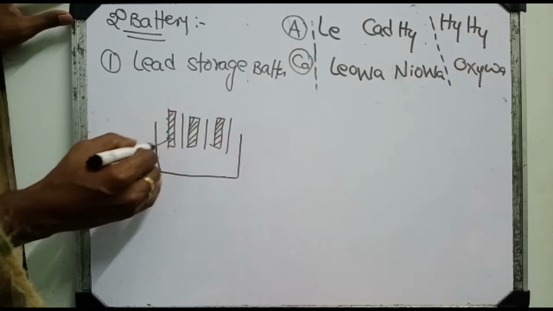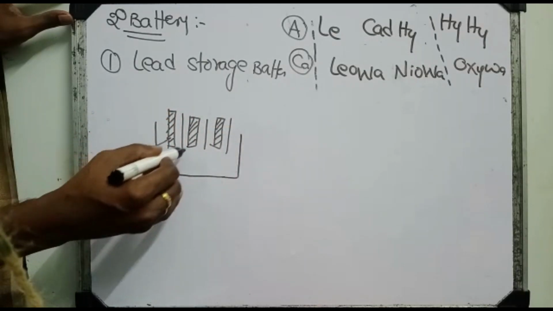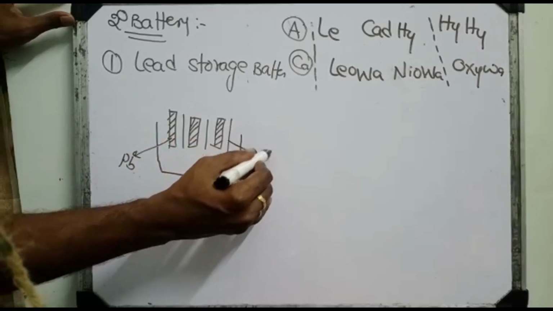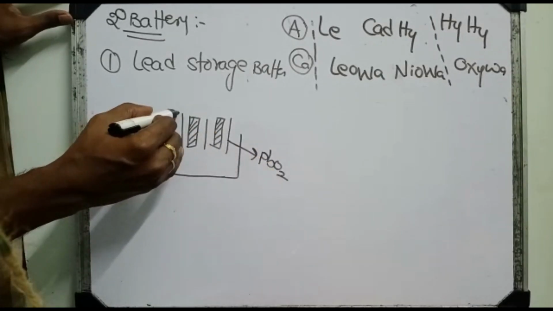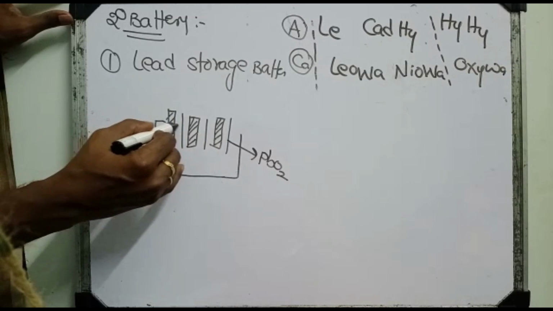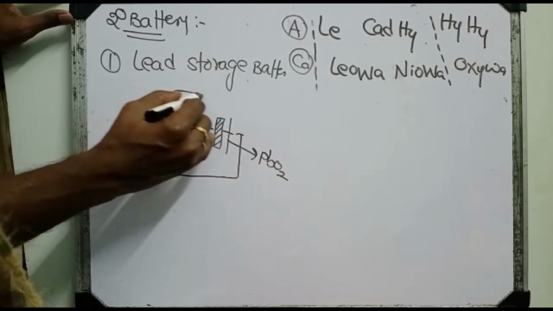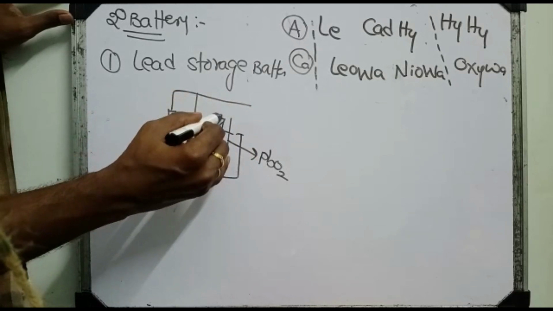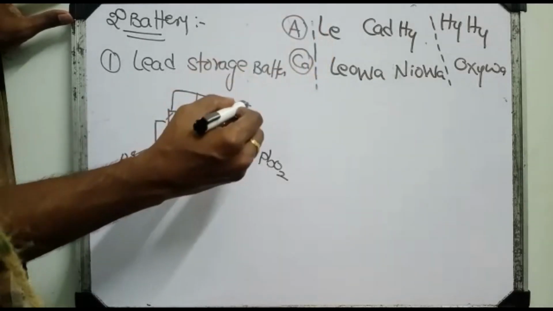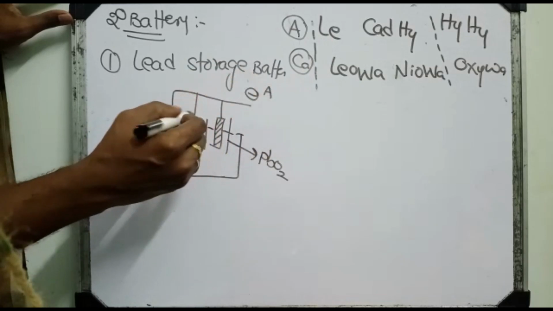This is lead. Next, these are lead oxide, PbO2. These are connected alternately. All the lead plates are connected with the negative terminal, so that is anode.